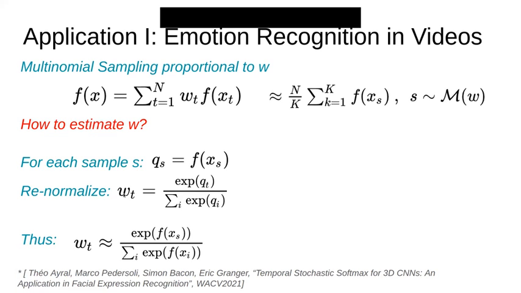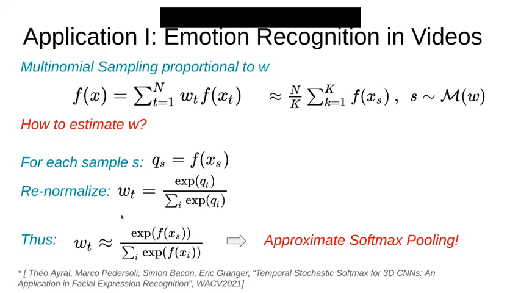So as Q is equal to F when we sample, it means that WT will be very similar to the previous WT, which was directly the softmax of the scoring function.